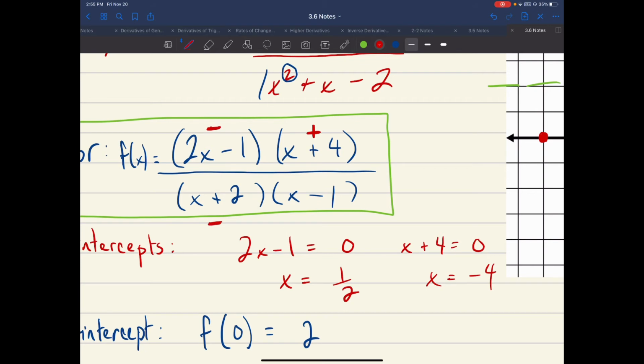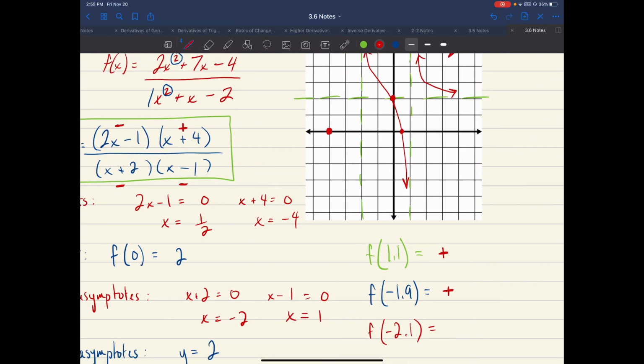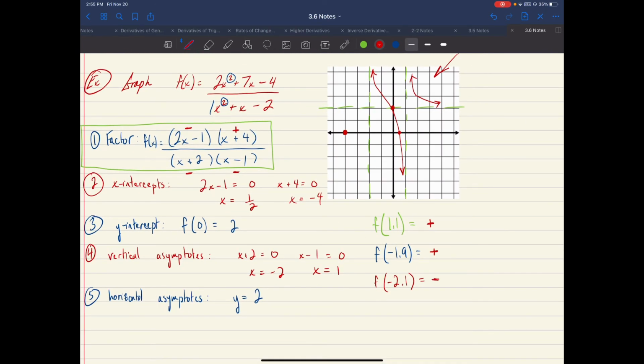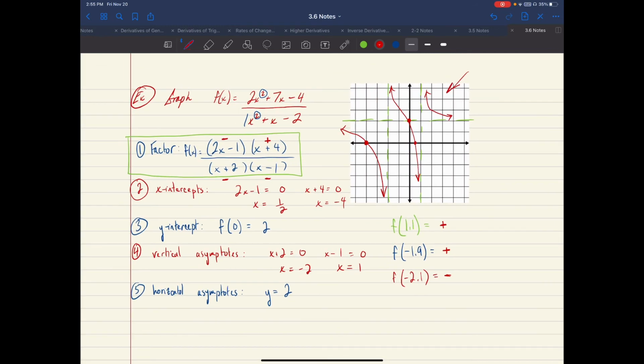And -2.1 minus 1 is also negative. So that's going to be a negative divided by a positive, or negative. If it's negative, that means it goes down towards infinity, like that. If it's positive, the function goes up near the asymptote. If it's negative, it goes down near the asymptote. So this would be a relatively good representation of this function.